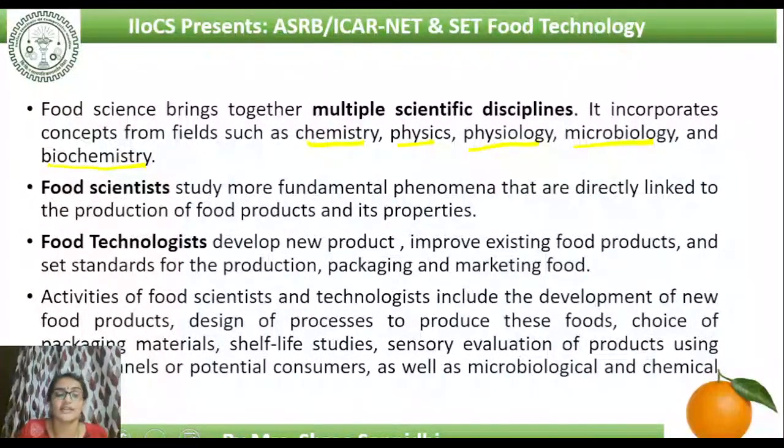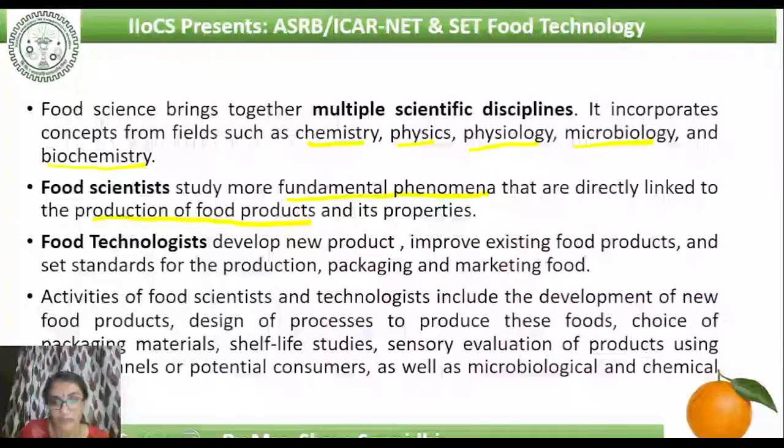Food scientists study more fundamental phenomena that are directly linked to the production of food products and its properties. So this is what the application is. Food scientists study the fundamental phenomena. So that fundamental phenomena is used in the production of food products.